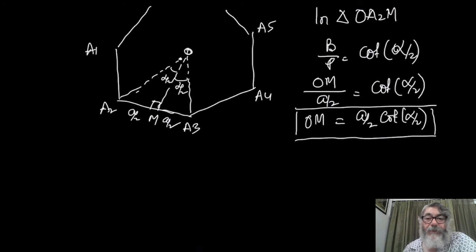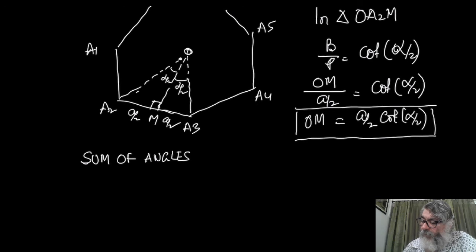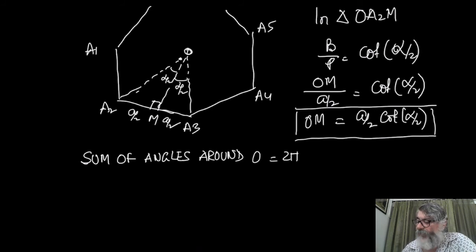Now we know one thing, that the sum of angles around any point, here it is O, is 360 degrees or 2 pi radians.